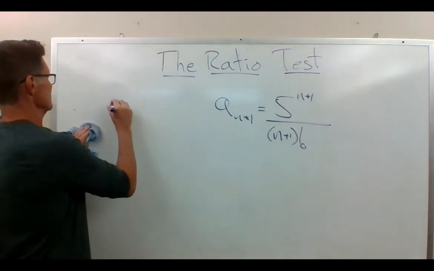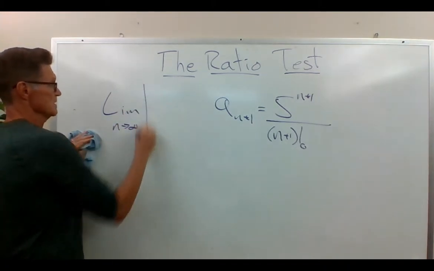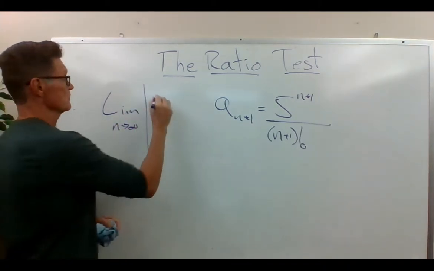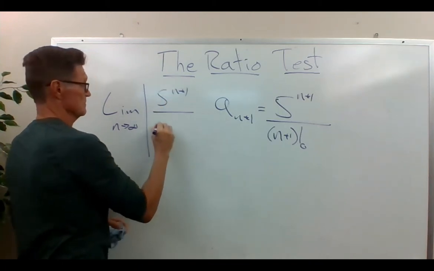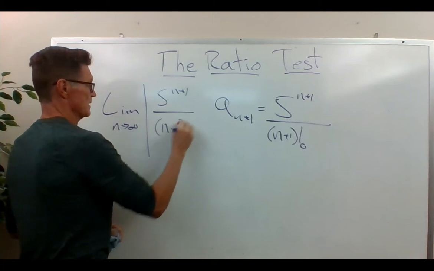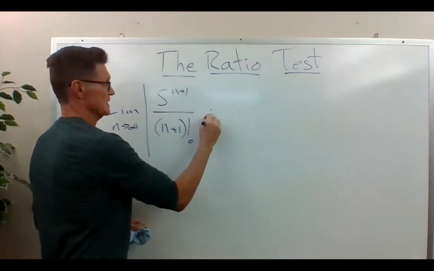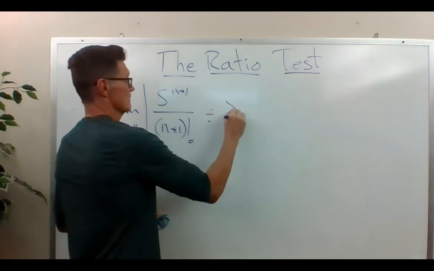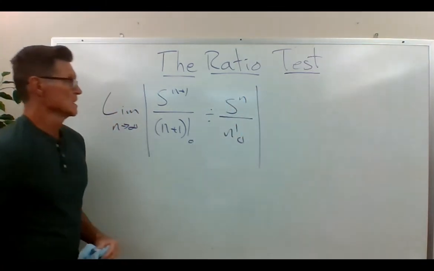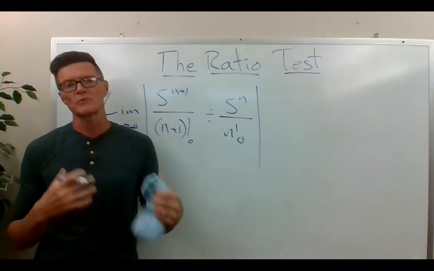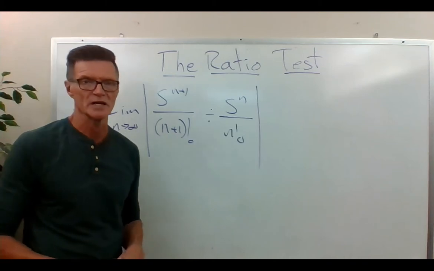All right, so now we want to take the limit. I'm going to take the limit as n approaches infinity of the absolute value of 5 to the n plus 1 divided by n plus 1 factorial, and I'm going to divide that by 5 to the n over n factorial. I'm writing it as a division problem rather than a complex fraction, because it's a little simpler to write this way.